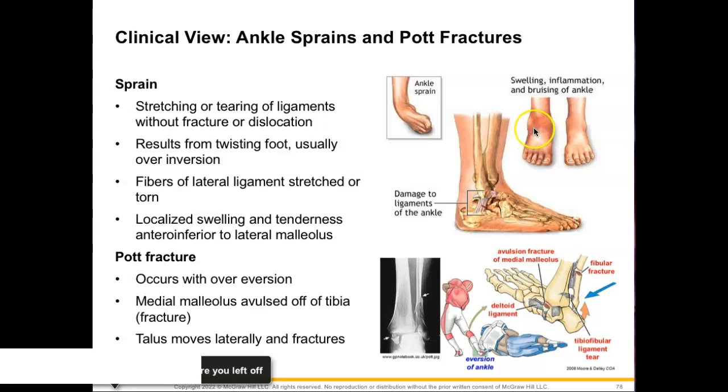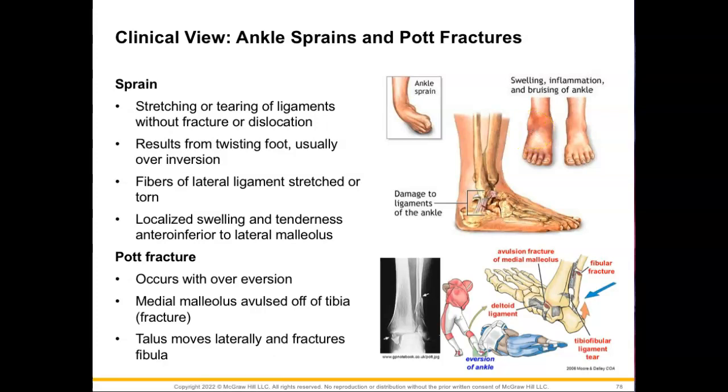Another clinical view is of Pott's fracture, which we talked about back in chapter, I think it was chapter 7, when we discussed bone tissue and fractures. And this takes place when we have over-eversion take place. So you can see that this is happening to this football player over here, and the medial malleolus has avulsed off the tibia.